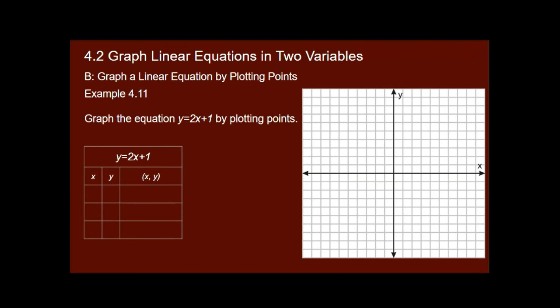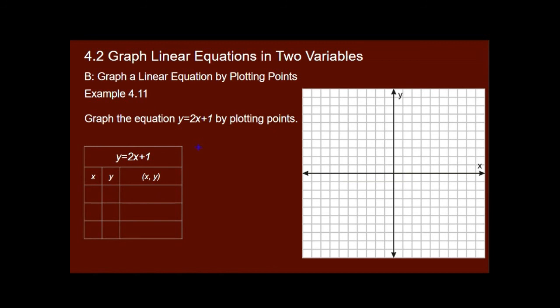Example 4.11. Graph the equation y equals 2x plus 1 by plotting points. You've seen this form of a table before, where we have the equation on the top, a column for x, a column for y, and a column then for the coordinate pairs, the ordered pairs.